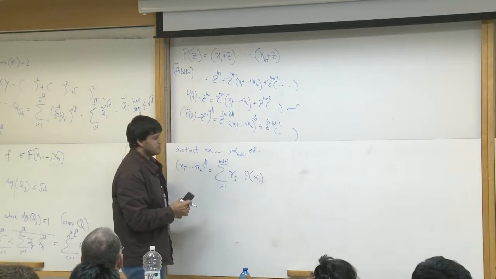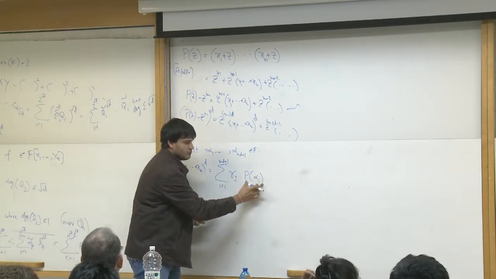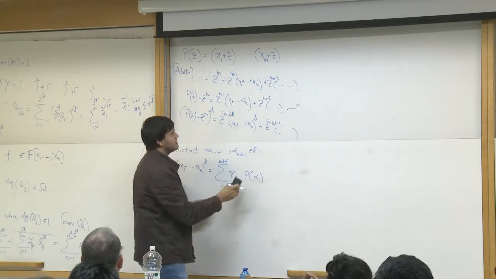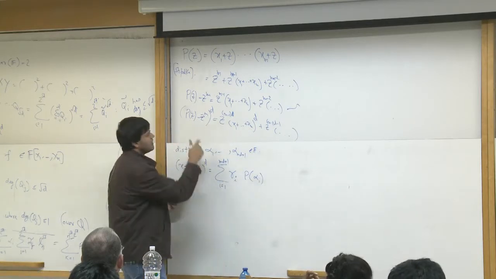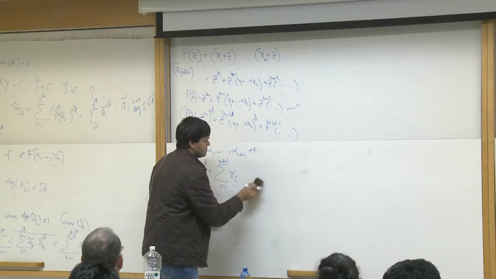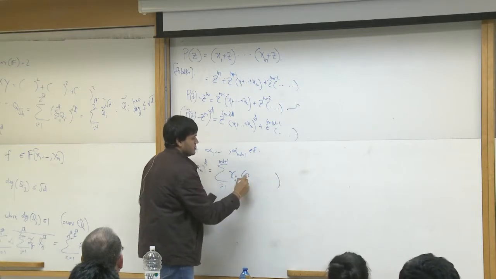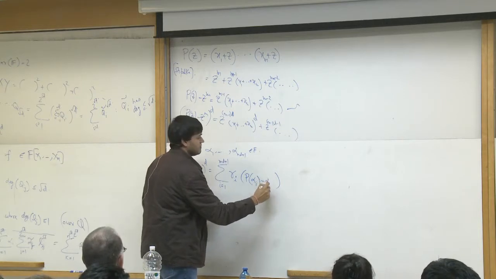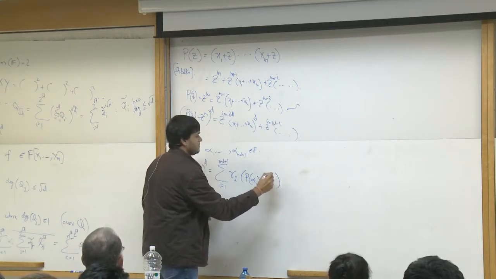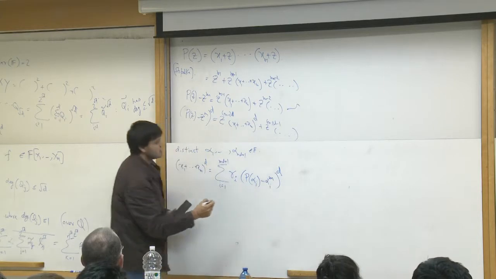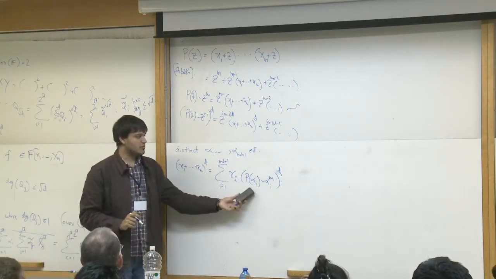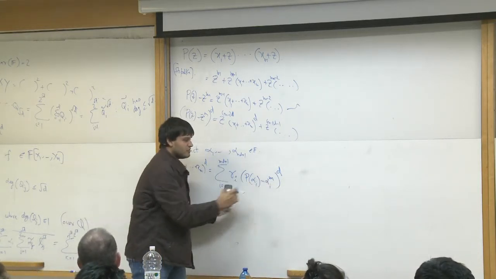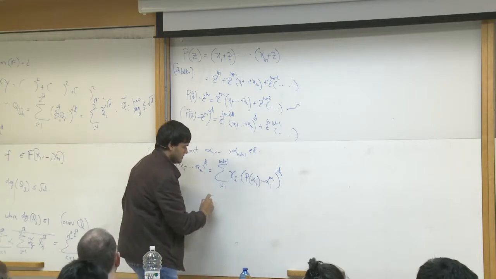Okay, so let's see what this p of alpha i is. It is (p of alpha i minus alpha i to the m) whole to the d. Everything is okay, this is the polynomial, so let's just expand this out.